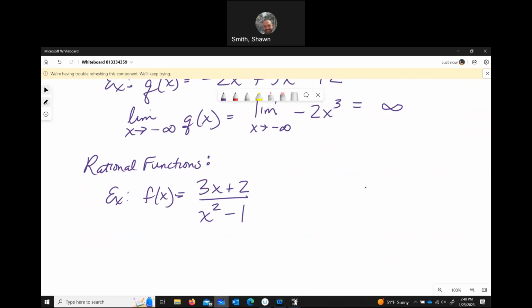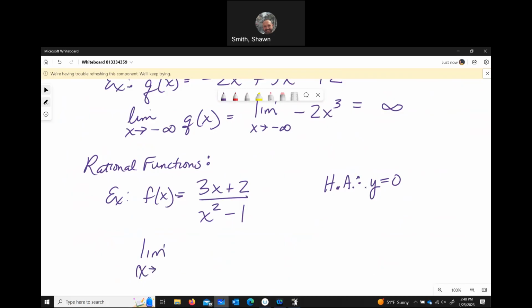Compare the degrees of the numerator and denominator. First degree polynomial on the top, second degree on the bottom. The rule says if it's smaller on the top than on the bottom, there is always a horizontal asymptote, y equals 0, right? So my horizontal asymptote is y equals 0. That is my limit for this.